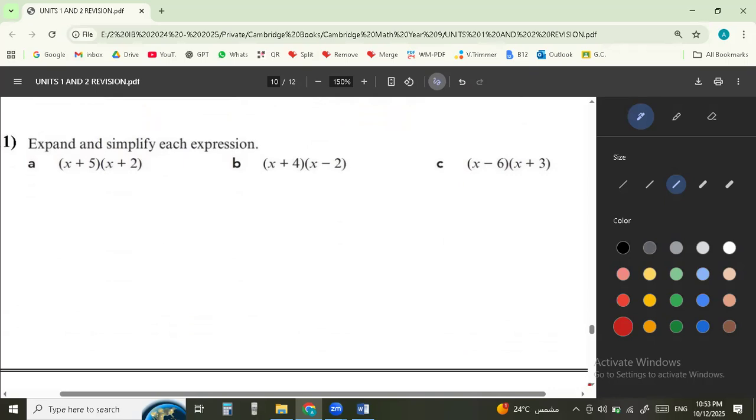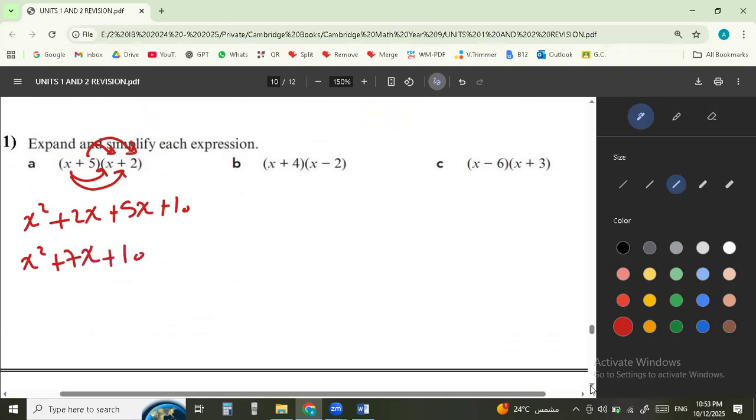Here, if you want to expand, we multiply first by first, first by second, second by first, second by second. So it becomes x squared plus 2x plus 5x plus 10, which is actually x squared plus 7x plus 10.